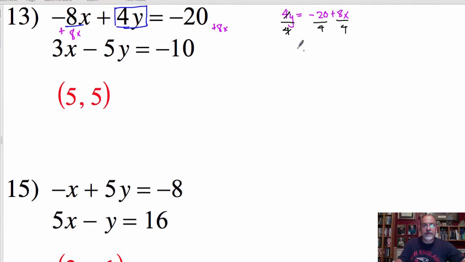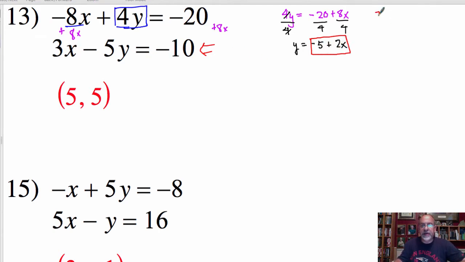So the 4 is reduced, leaving me the letter y. 20 divided by 4 is 5, and 8 divided by 4 is 2. So I now have an expression that is equivalent to the letter y. So in the other equation, wherever I see the y, I can substitute in this expression.